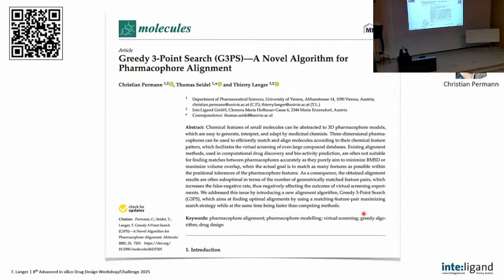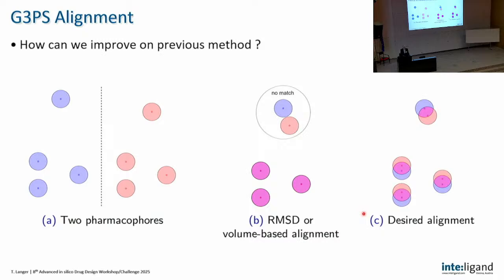This is the alignment algorithm that Christian Permann, another postdoc in my group, published together with Thomas Seidel, where we overcome problems that might occur sometimes when you look for RMSD or volume-based alignment. You would sometimes align features that align perfectly well, but then some features might not have a match.